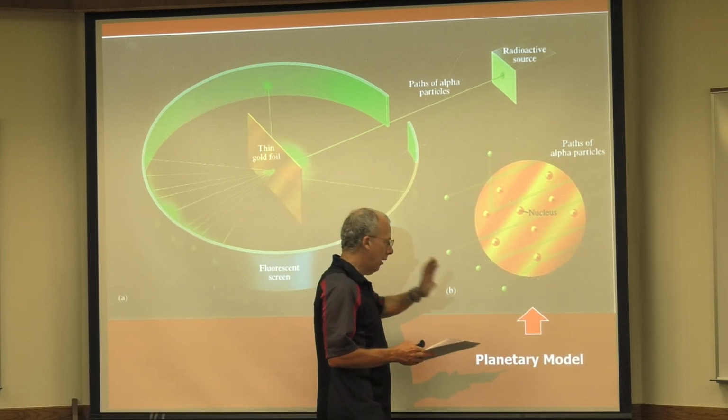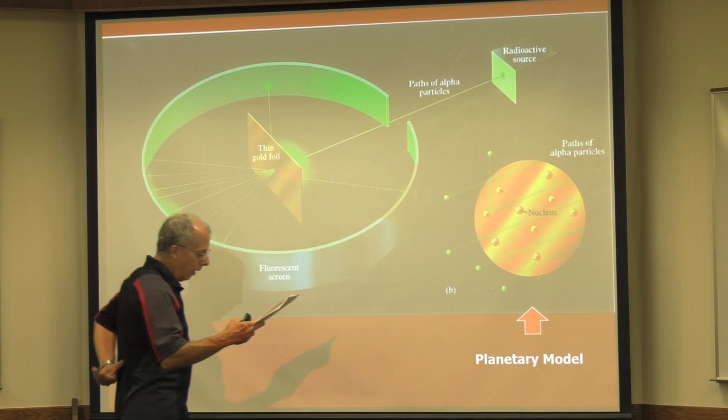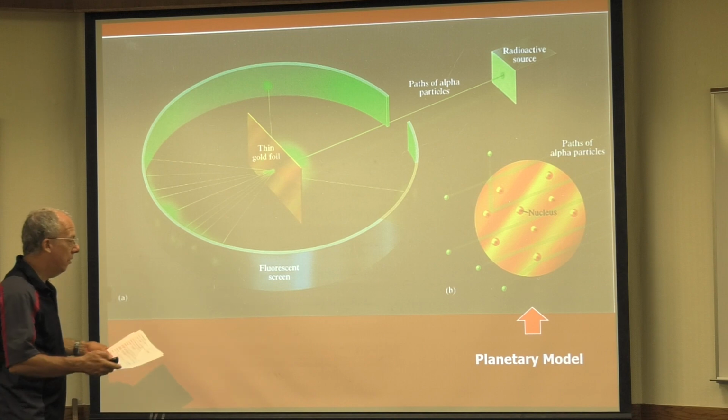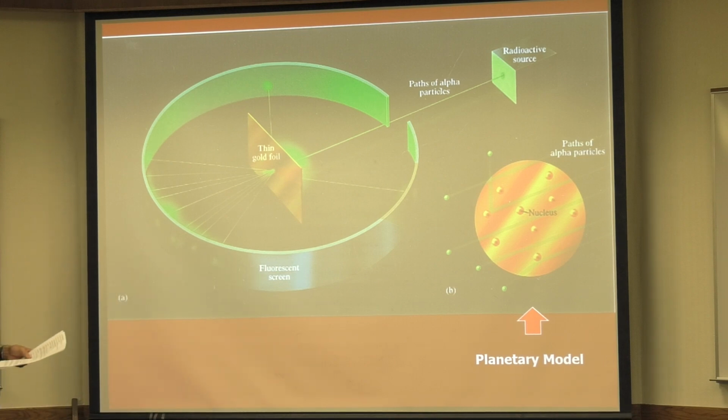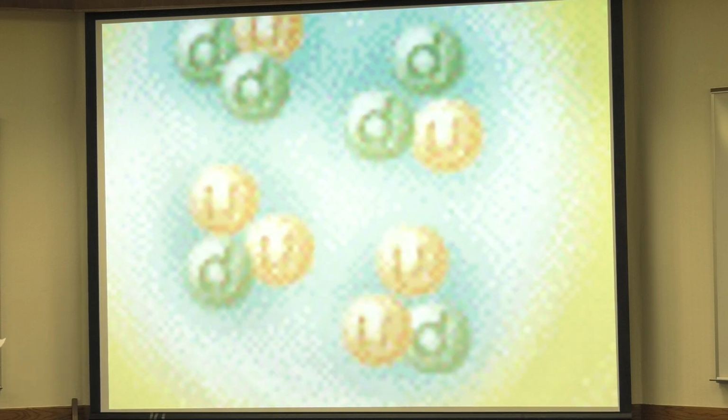And they also said that the electrons orbit this nucleus. Okay, so that's great. That experiment was done in 1911. The neutron was discovered in 1932. Wow, 21 years later. Incredible.